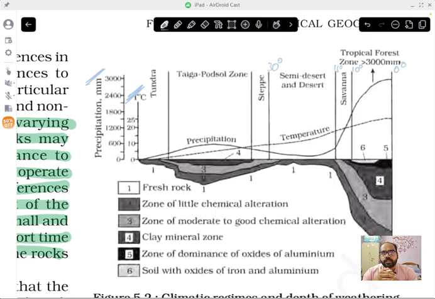If you take your atlas and see different types of deserts, for example, deserts in Africa, like your Sahara, and within Africa only, Namib Desert, Kalahari Desert, and in the northern hemisphere we can see Arabian Desert, our Thar Desert, and in Australia it's Victoria Desert. These all are present in that 15 to 30 degrees latitudinal range only.